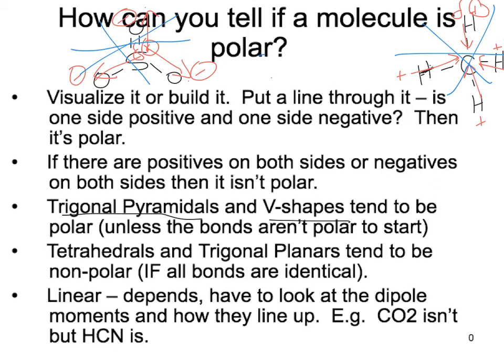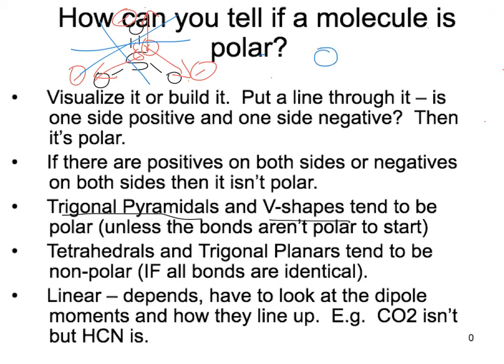Linear kind of depends. You do have to look at the dipoles. So linears can be a little bit tricky to figure out. Carbon dioxide is not polar. And I'll draw this and hopefully you'll see. Okay, I won't do all the lone electrons.